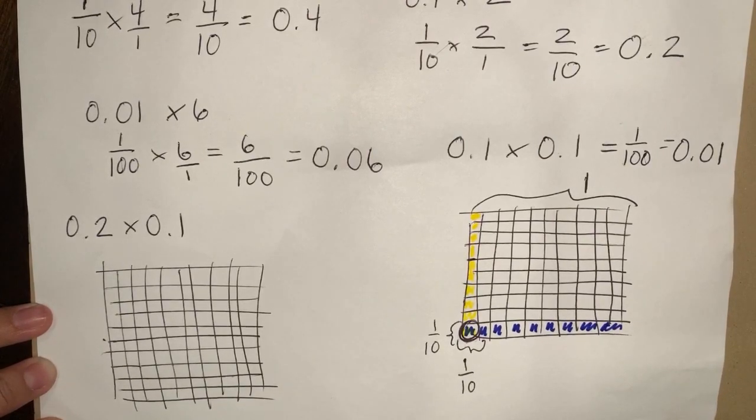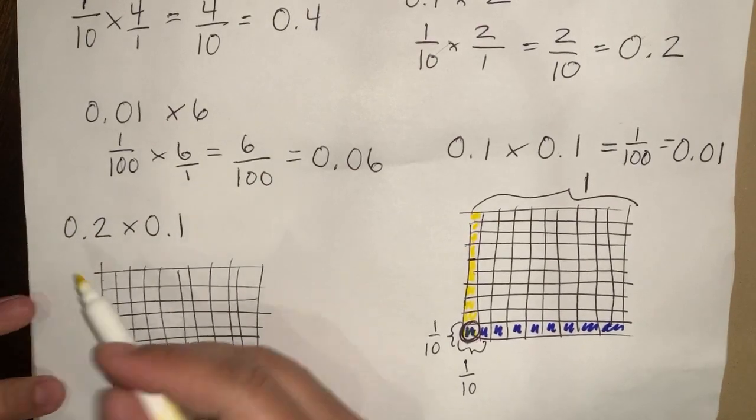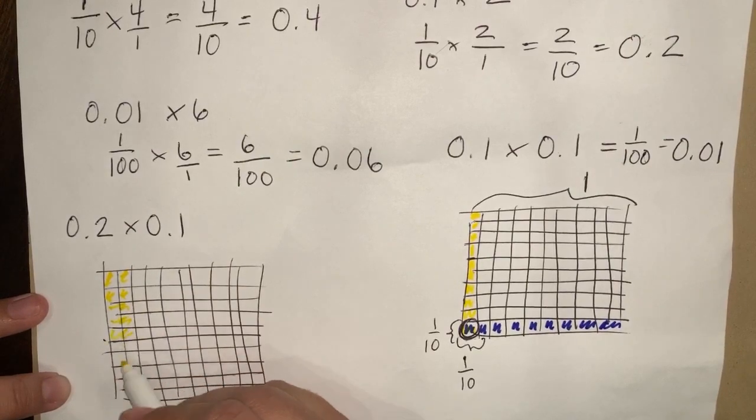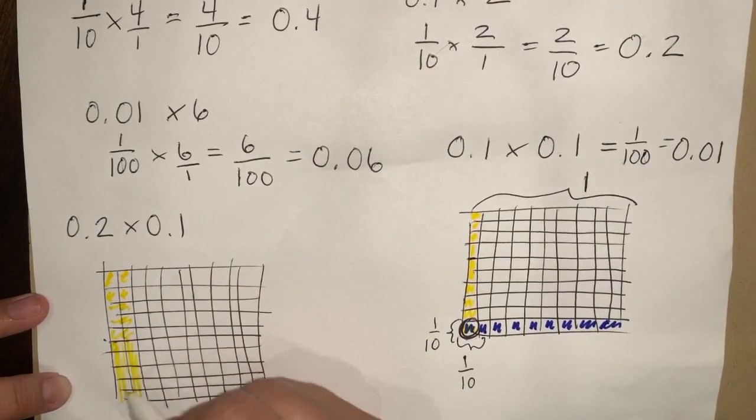And then we're going to go ahead and shade 2/10. So 2/10 would be this whole part here, straight down.